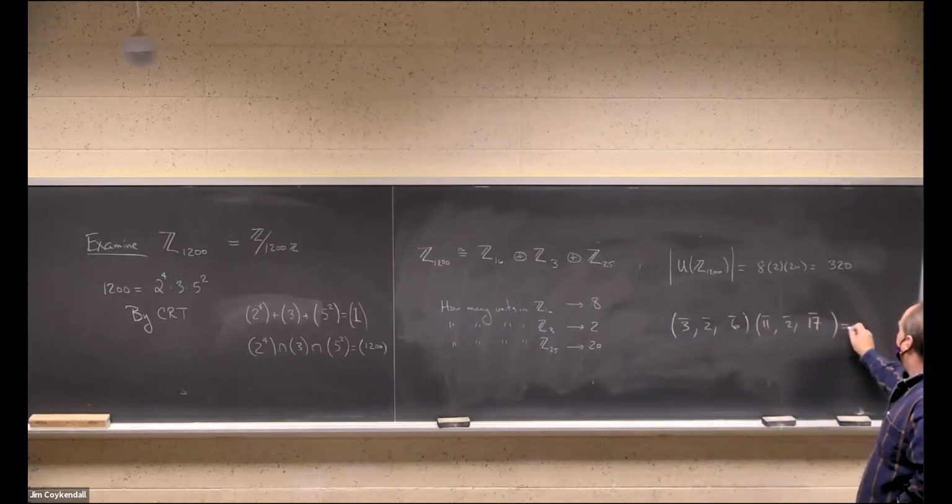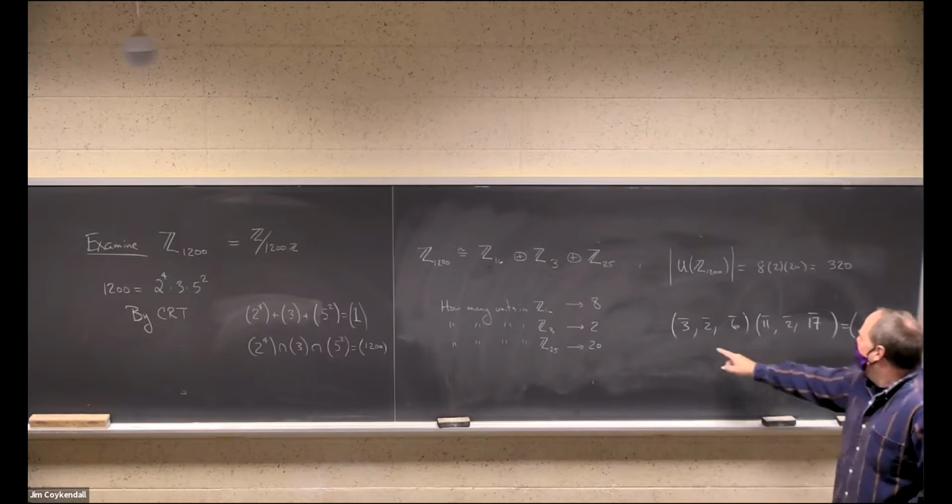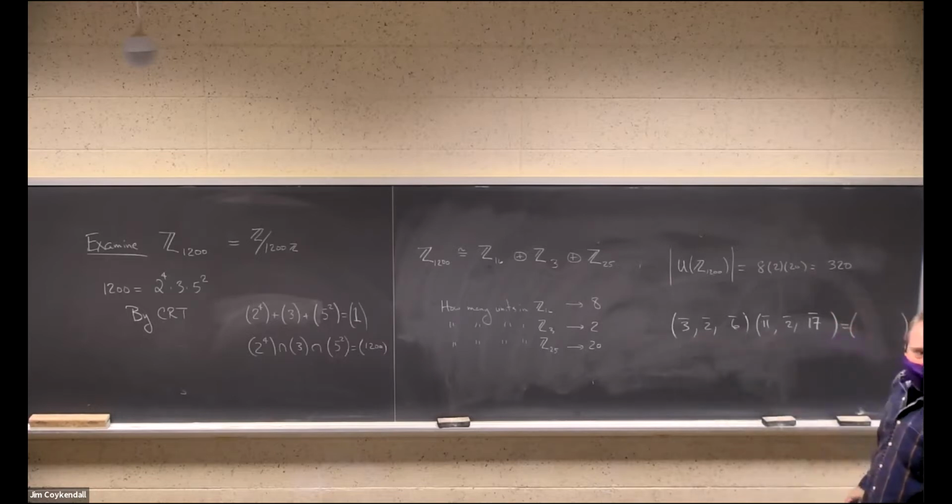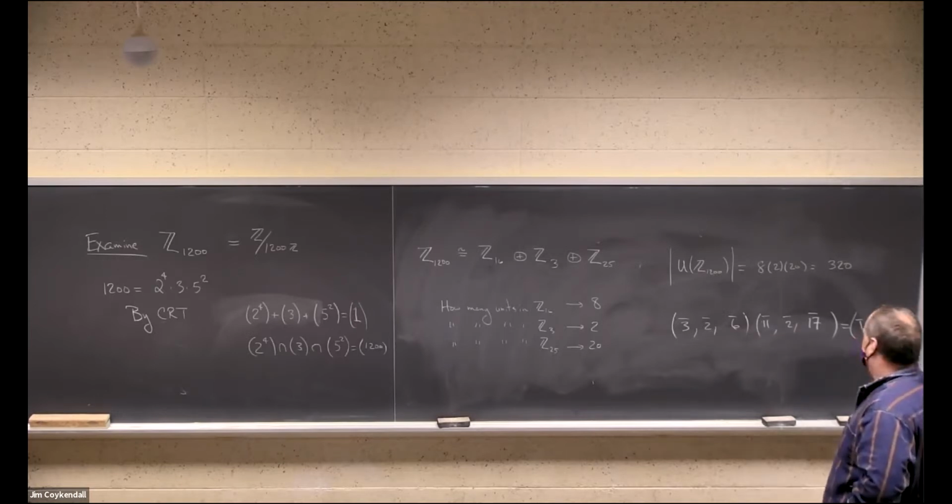So if you multiply these out, you get the first coordinate 33, which mod 16 is 1. And you get 4, which mod 3 is 1. And you get 126, which mod 25 is 1.